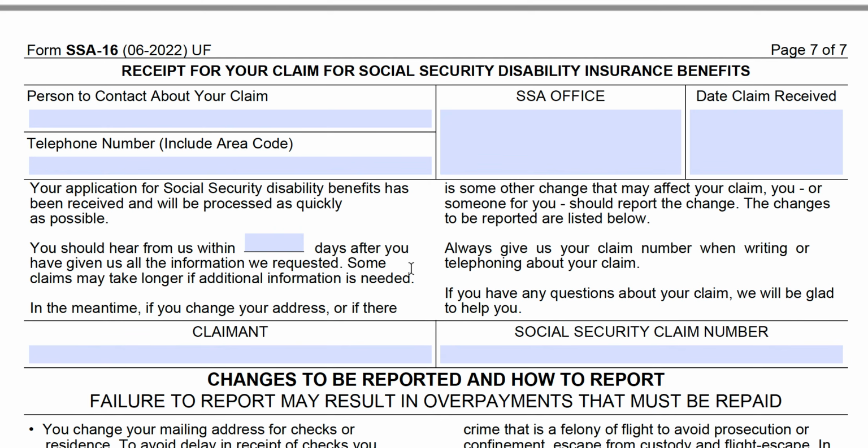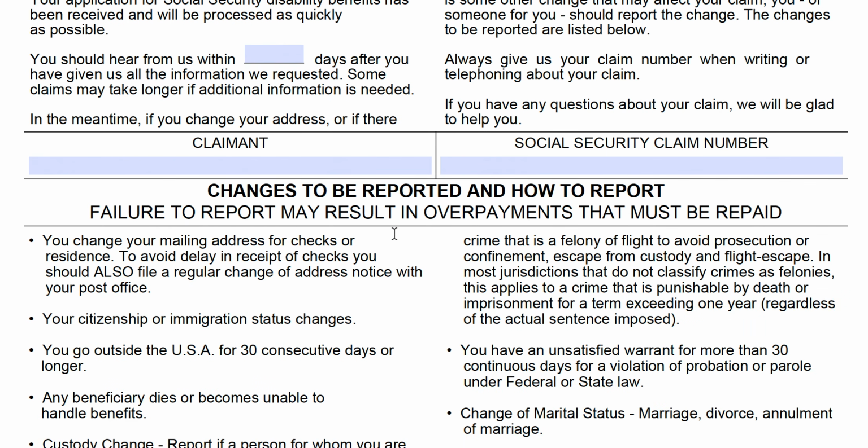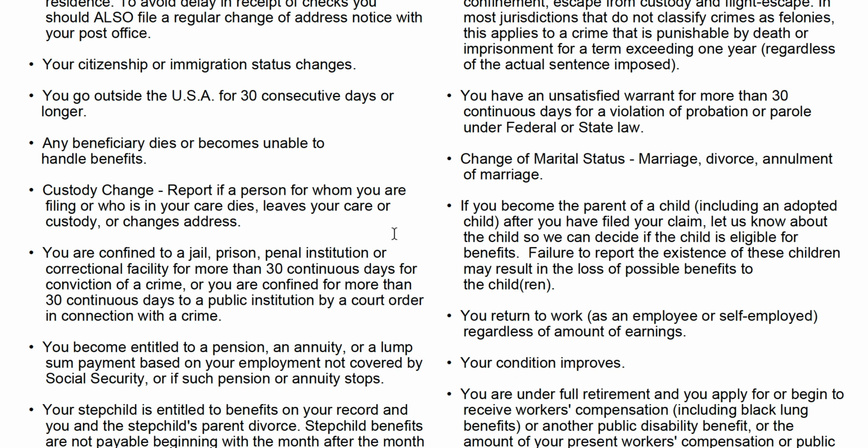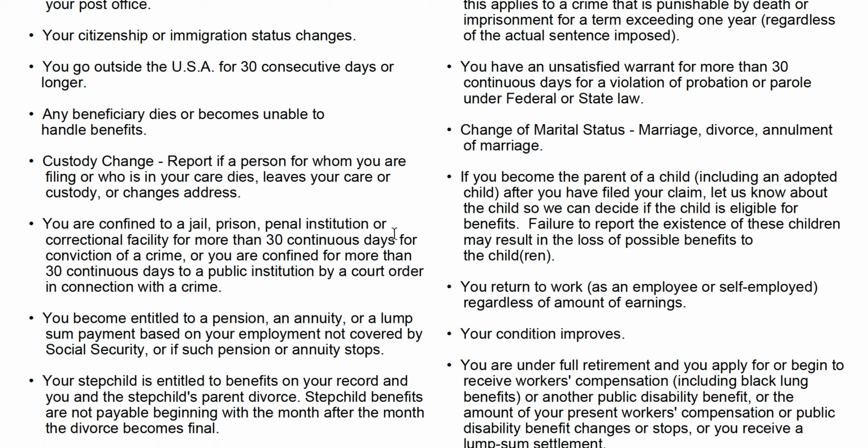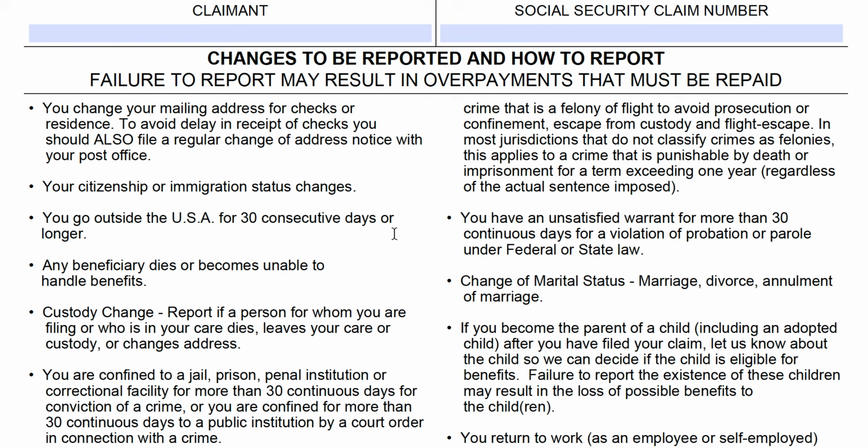And then on the back, if you turn this into the Social Security Administration, you should receive a receipt, and this is your point of contact, the Social Security Administration office, and the date that they received it. They should fill in the information about how many days it will take, and then of course here's a long list of all the changes in your personal situation that you need to report to the Social Security Administration.